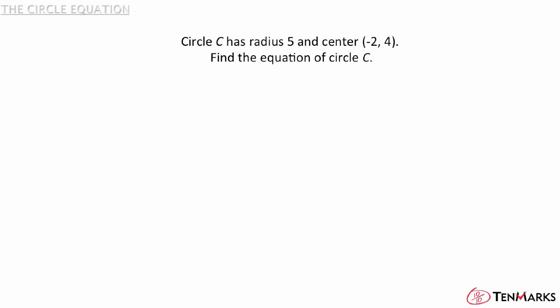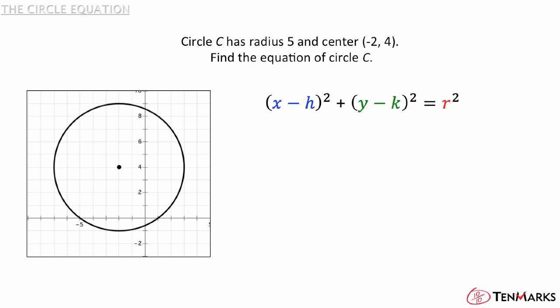Circle C has radius 5 and center (-2, 4). Find the equation of circle C. First, write the equation for a circle, and if you're a visual person, you can graph the circle as well. Make a list of the information you have. The radius is equal to 5. The center (h, k) is (-2, 4), which means that h is -2 and k is 4.